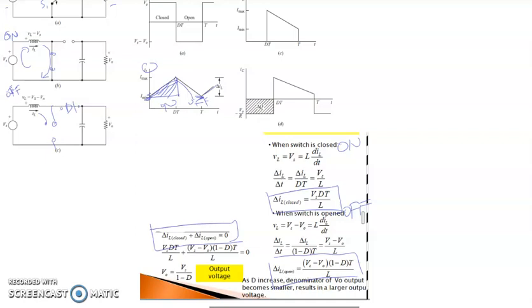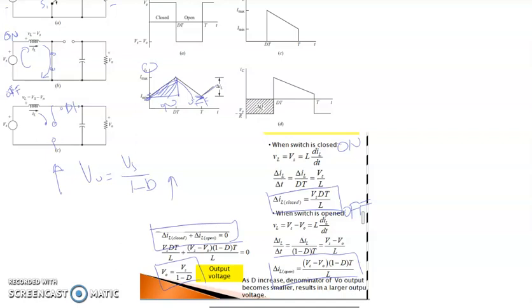So when we combine these two equations together, we can see that V output is equal to Vs divided by 1 minus D. This means that if we increase the duty cycle, the output can be gained higher. For 1 minus D, if D is 0.5, 1 minus 0.5 is 0.5.